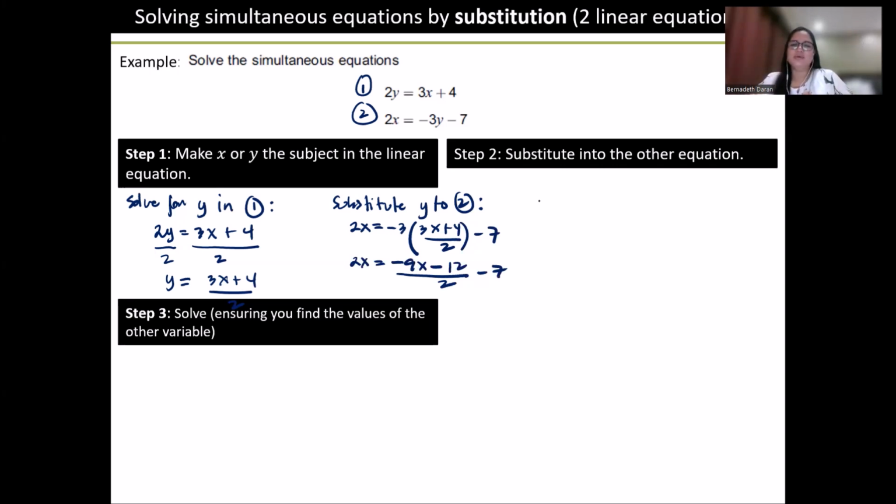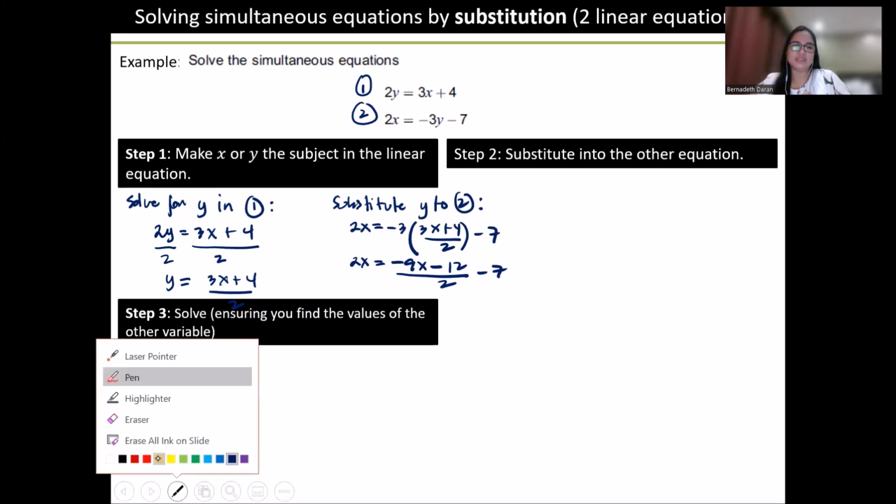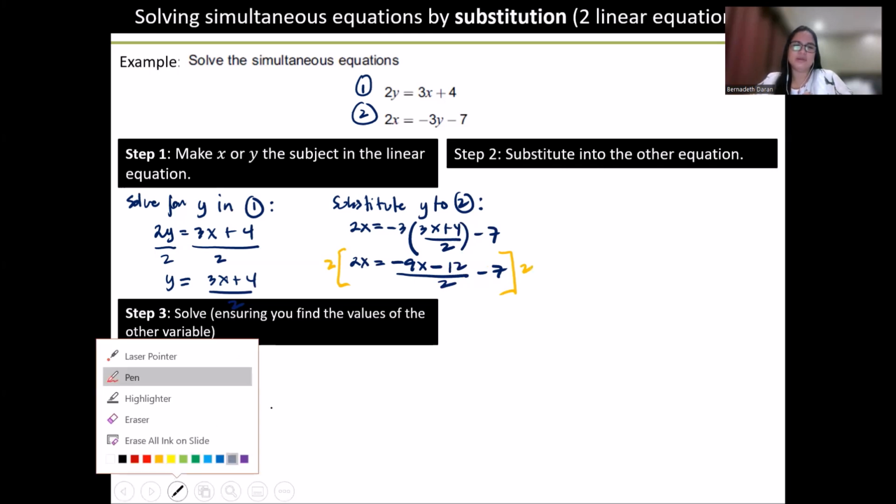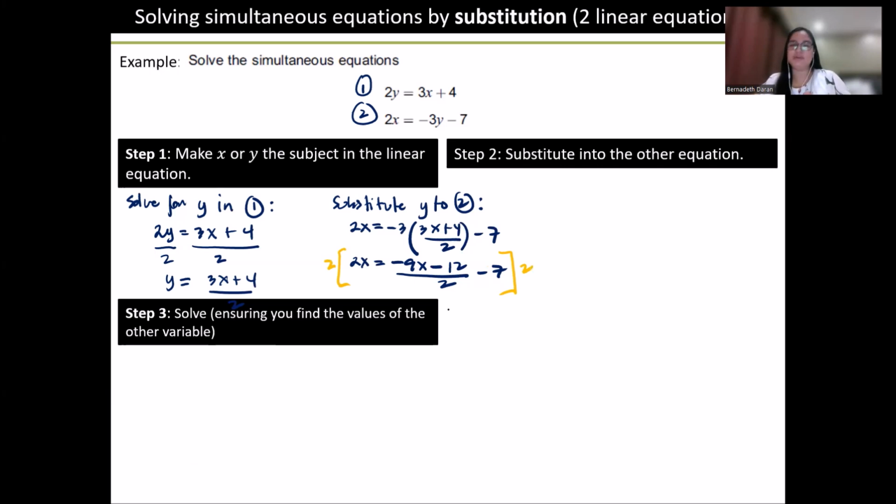Okay, so let us simplify further. We can multiply both sides by 2 so that we can remove our denominator, so that it will be easier for us to manipulate.